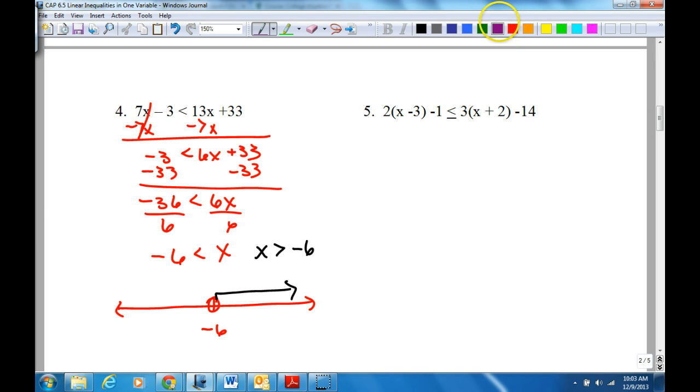Okay, number 5, you're going to first distribute. So it'll be 2x minus 6 minus 1 and 3x plus 6 minus 14. Let's simplify both sides before we go on. So this will be 2x minus 7 and positive 6 minus 14 is negative 8.